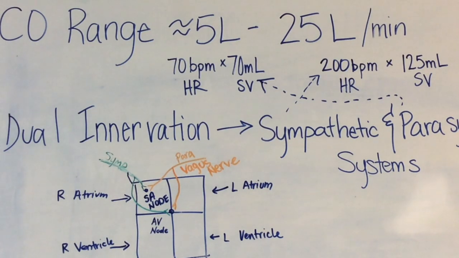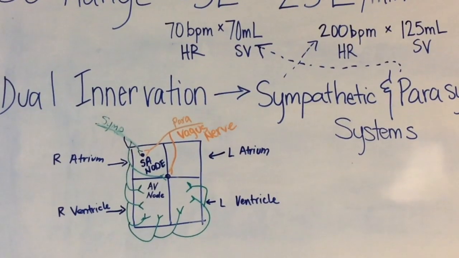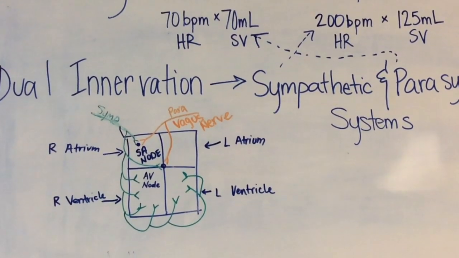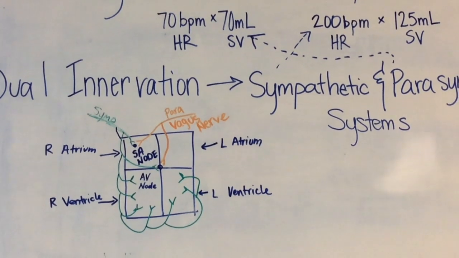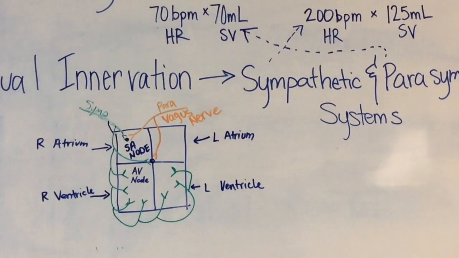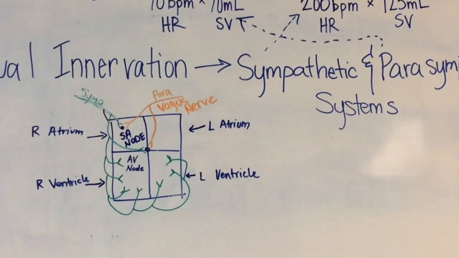This allows the parasympathetic system to decrease the number of action potentials generated by the SA node by increasing the time it takes to reach threshold of the autorhythmic cells. In addition, the sympathetic system also innervates the ventricles. The parasympathetic system does not innervate the ventricles significantly.